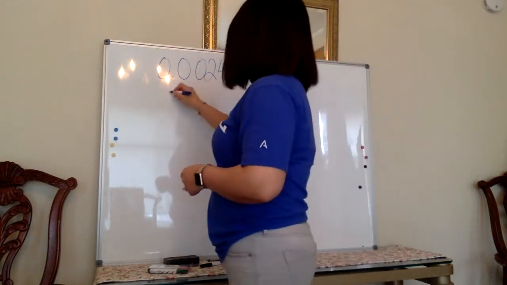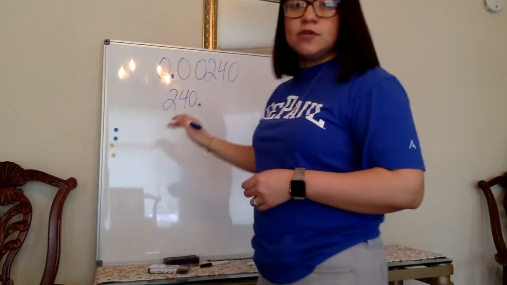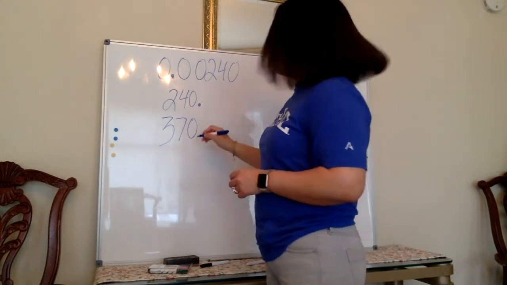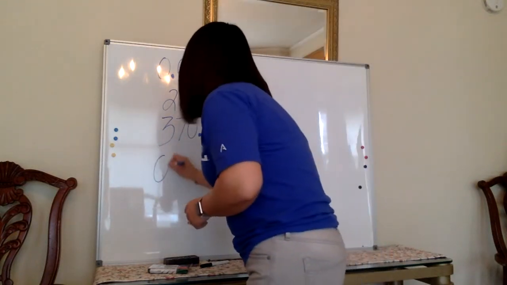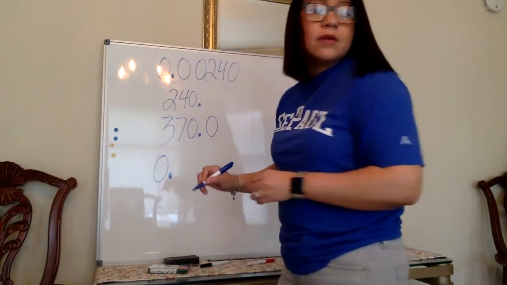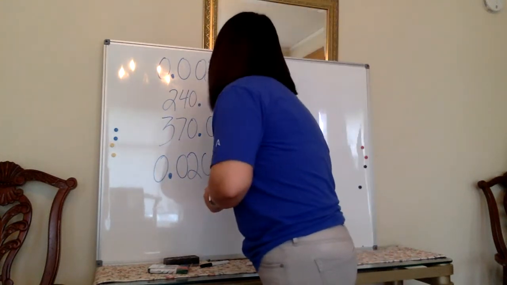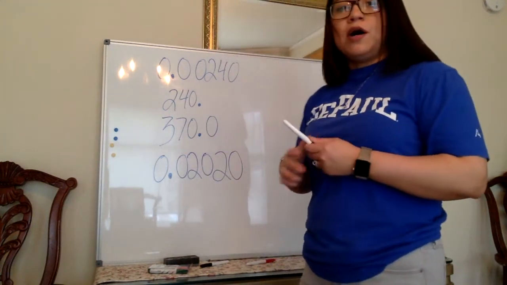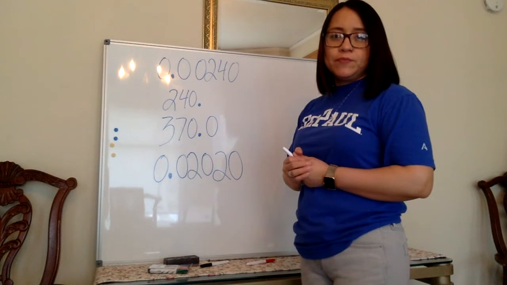The next example is 240 with a decimal point. Next example is 370.0, and last but not least, we have 0.02020. Pause your video and try to figure out how many significant digits are in the following.